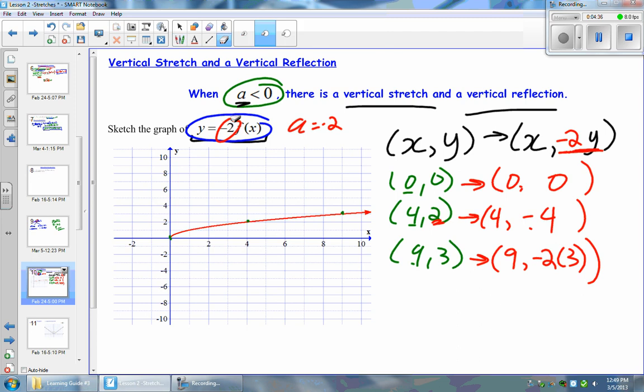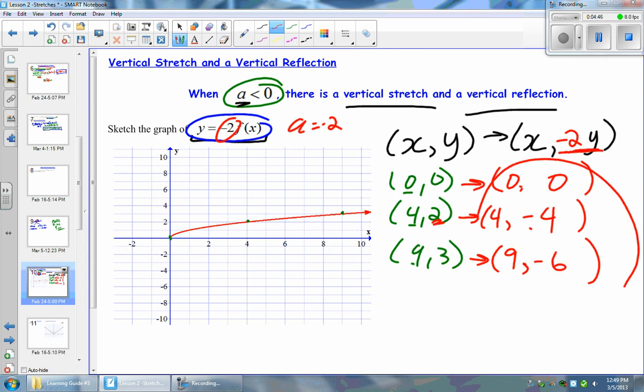And finally negative 2 times positive 3 is going to be equal to negative 6. So there are my 3 new transformed points. Let's go ahead and graph those. So we have (0, 0), (4, negative 4), and (9, negative 6). So right there.